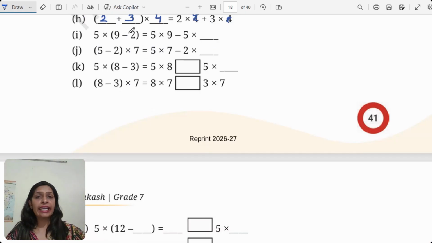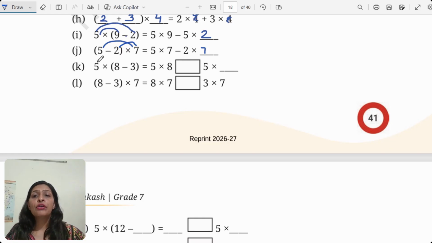Next comes a negative sign here. So again, the rule will remain the same. So 5 multiplied by 9, and minus sign, then 5 multiplied by 2. So this is going to be 2 here because 5 is already written for us. Similarly, the bracket can be on the RHS or towards the first term or the second also. So here it is going to be 5 into 7 minus 2 into 7.